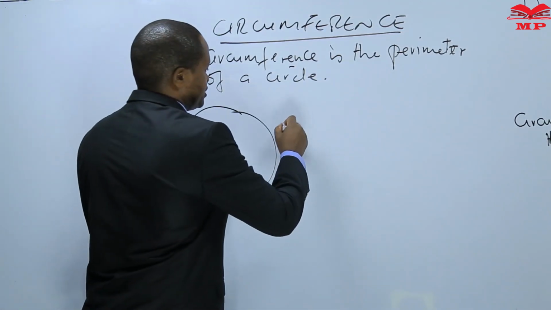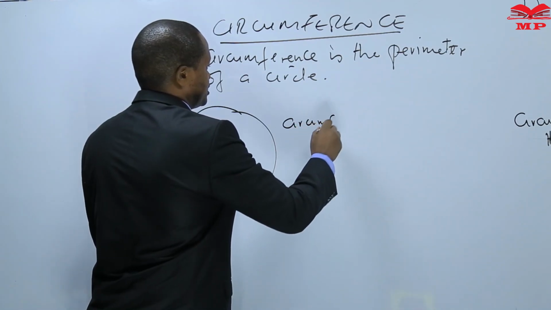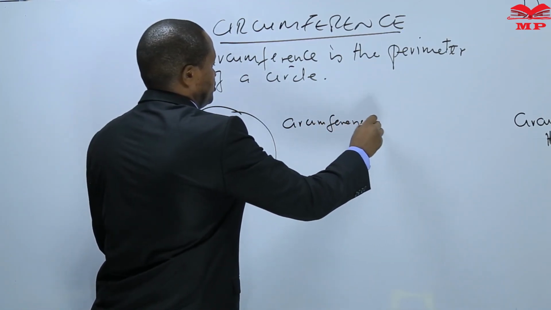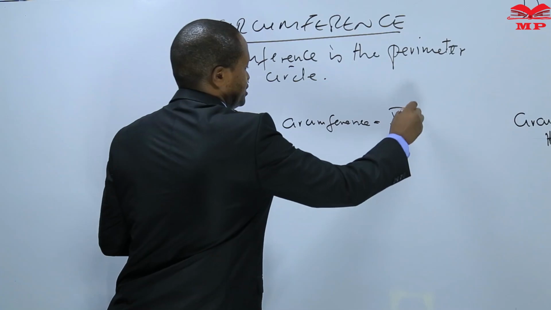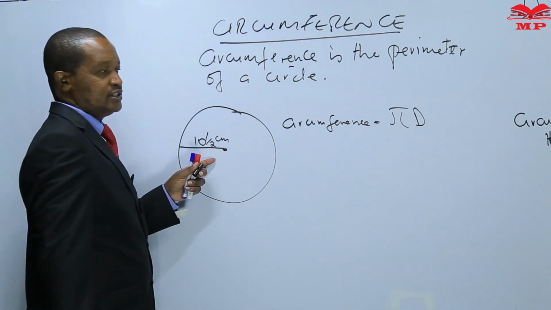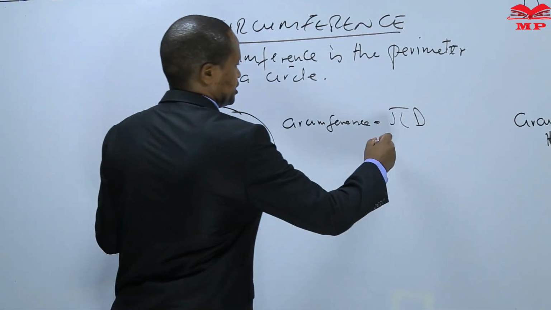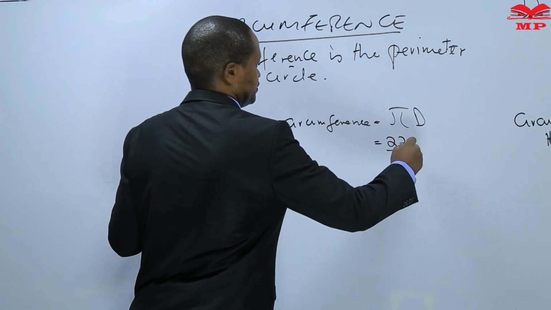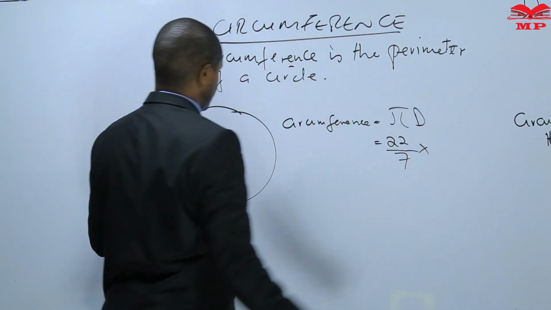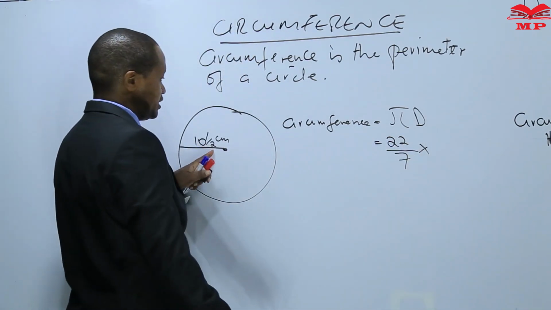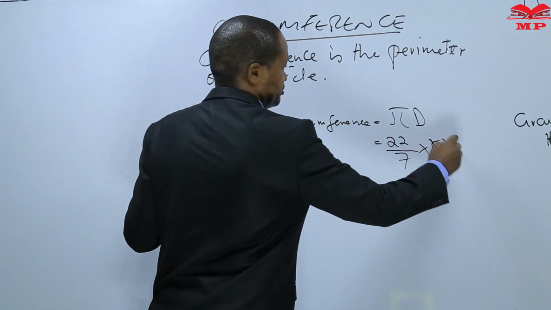So the circumference will be equal to pi d. Pi is 22 over 7. Our d will be the radius times 2.